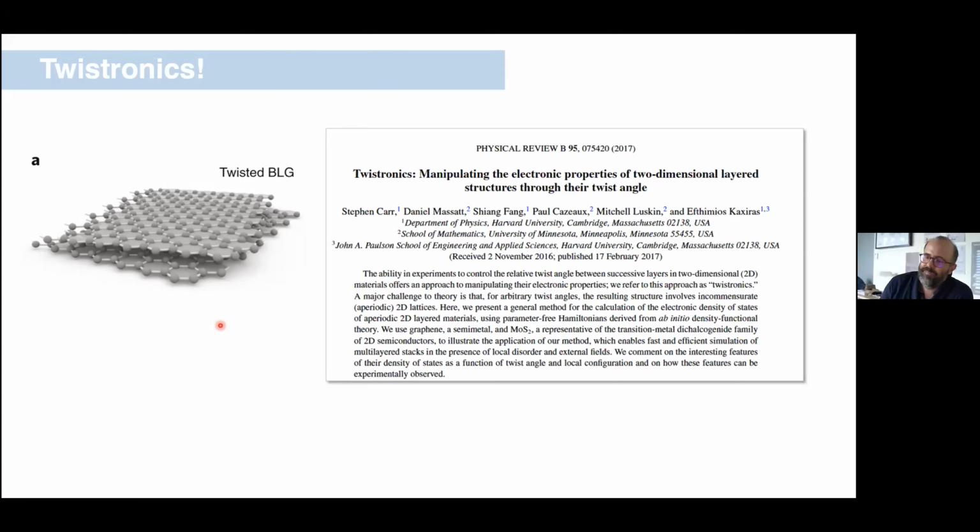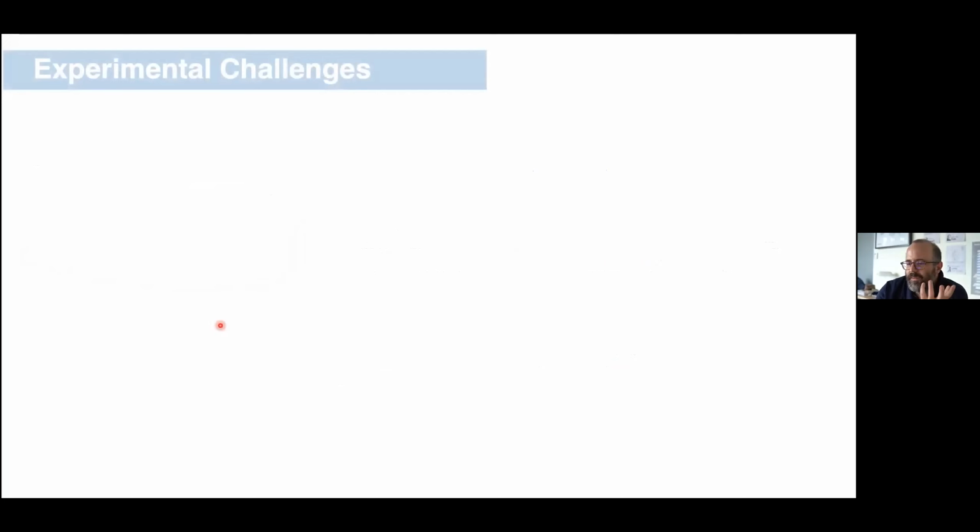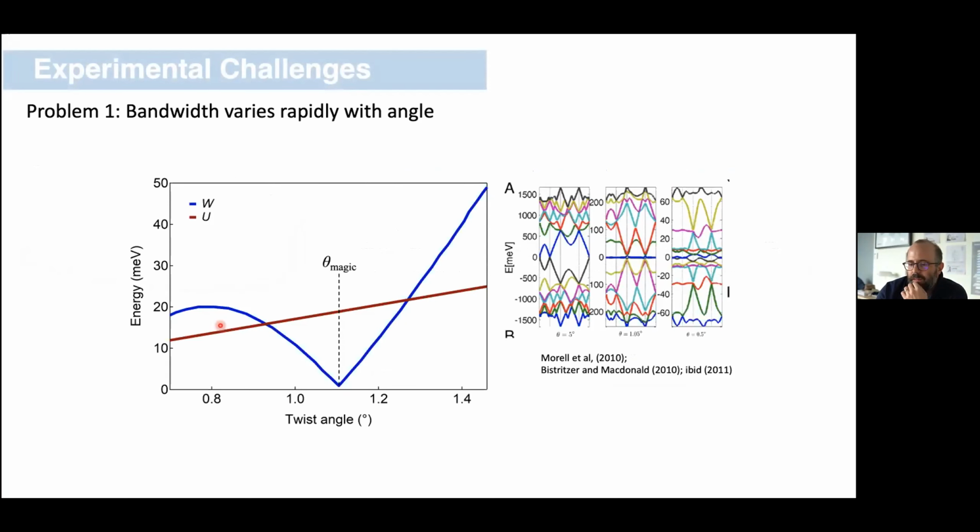So, that's it. Good. We can all just go off and make the devices we want and start building quantum computers, et cetera. But there are problems, obviously. There are, let's say, challenges. What are those challenges? In the case of twisted bilayer graphene, this flat band condition emerges only at a very precise twist angle. It's been referred to as the magic angle.